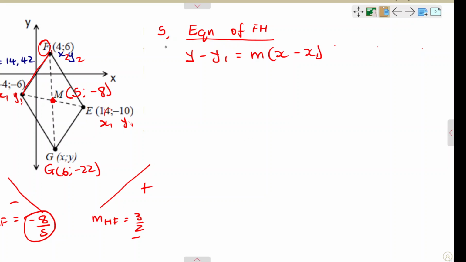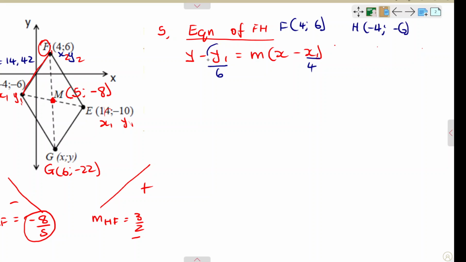Remember, this line has 2 points, point F and point H. So let me interpret this formula. This y1 can be the y coordinate. If you take F, for example, the y coordinate is 6, and this x represents the x coordinate of F, which is 4. So F has these coordinates 4 and 6, and then H has these coordinates negative 4 and negative 6.